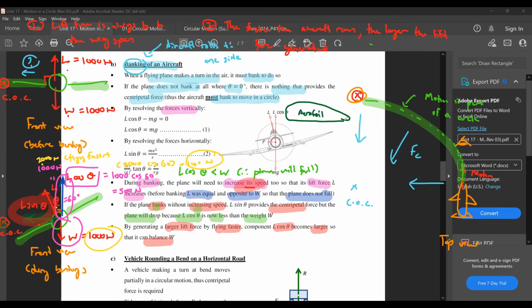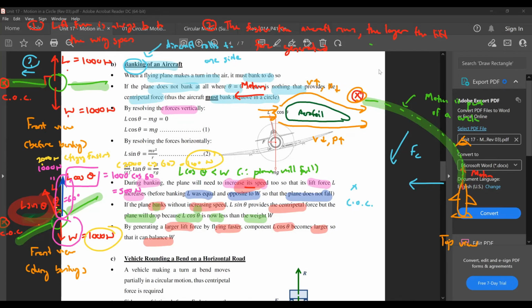When your aircraft moves in this direction, airflow goes in the opposite direction, and when it hits your aerofoil, it splits out like this at the top and like this at the bottom. For the airflow below the wings, the speed is less and the pressure is high. But for the airflow above the wings, the speed is high and the pressure is low.